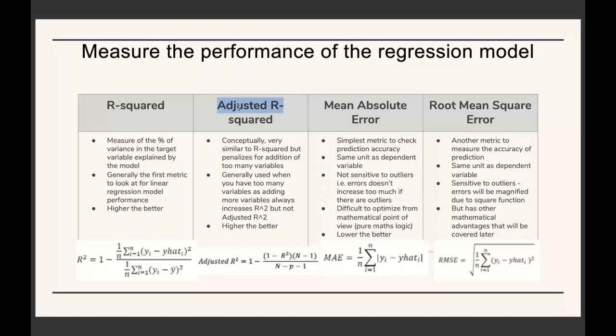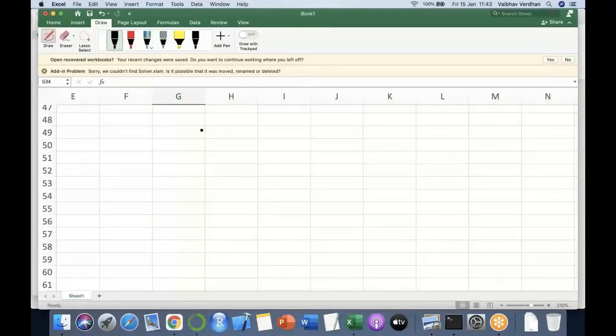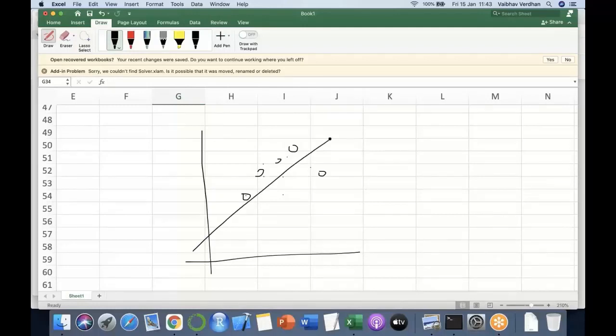Then come the important parameters: mean absolute error and root mean square error. What is the concept behind them? If you have this data set, and you created a line of best fit over here, then for this particular value, the actual value is this and your predicted value is this.